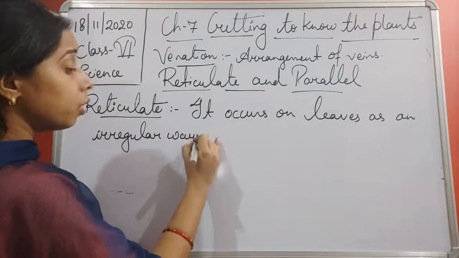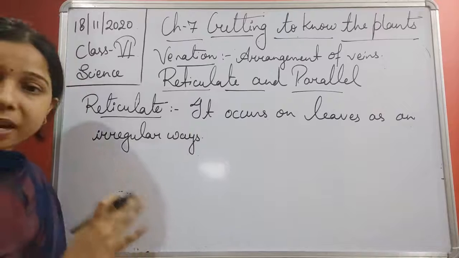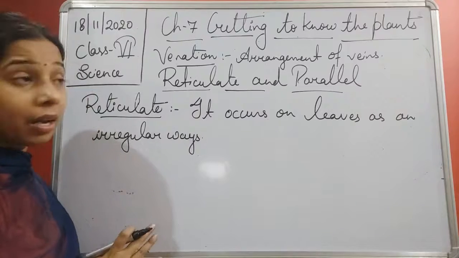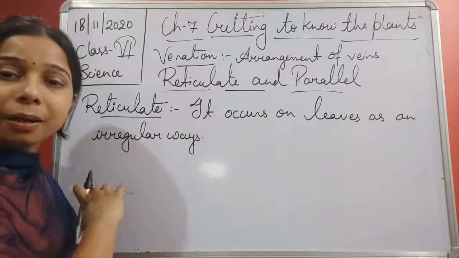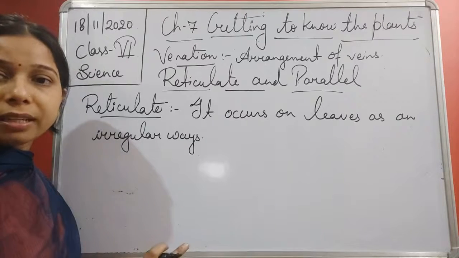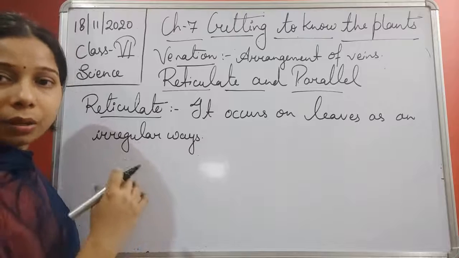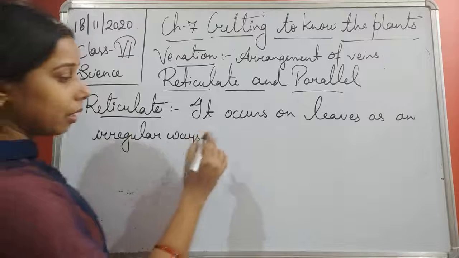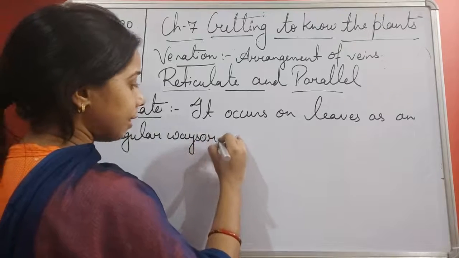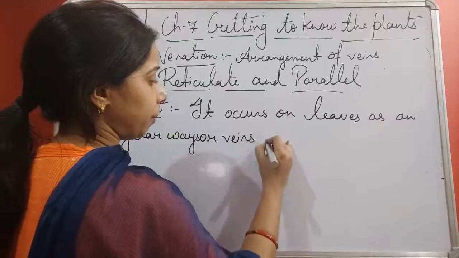It means the veins present on the leaf lamina are not arranged properly, but are spread over the leaf lamina in an irregular way. So we can write: it occurs on the leaf in an irregular way, or the veins are arranged in an irregular way.